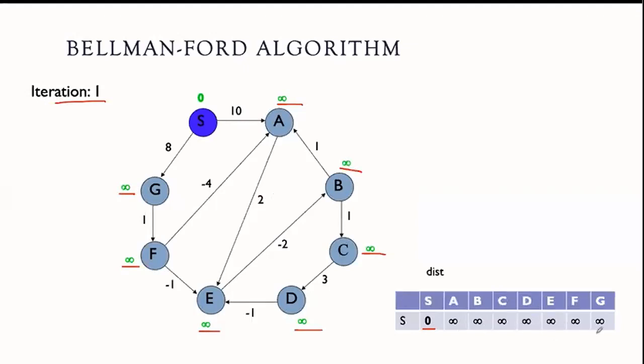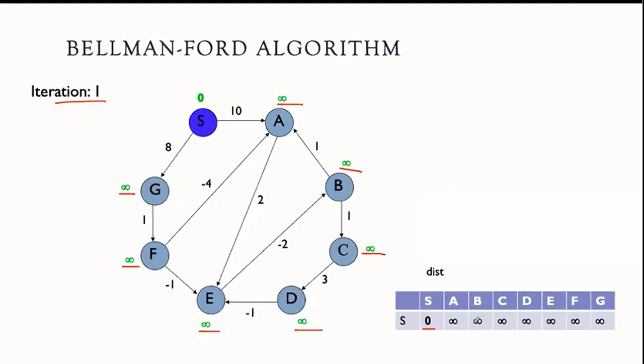That was the first step. Before we start the iteration, we have to initialize the distance of all the vertices to infinite. So we have done that.